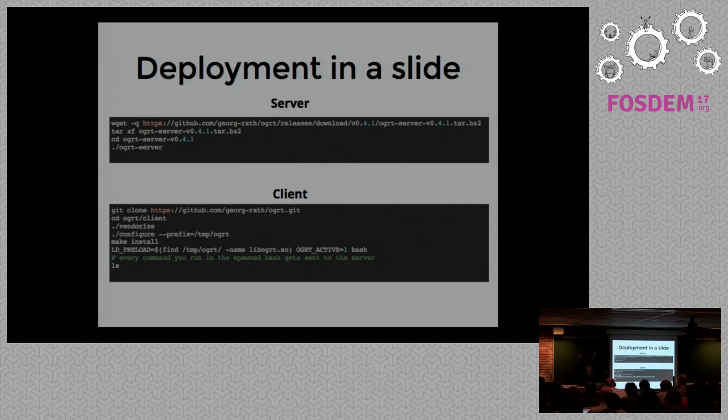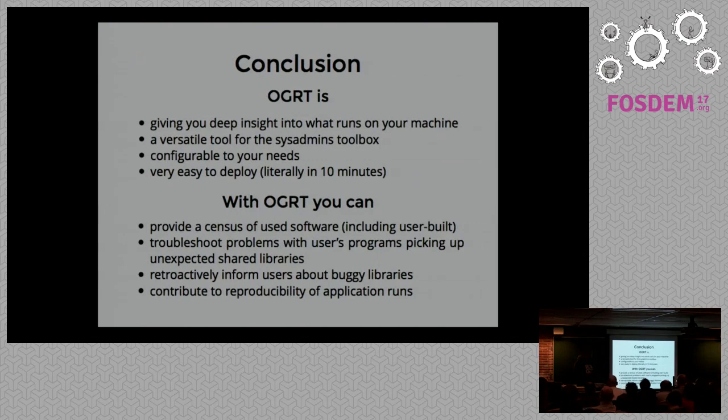You type make install, then down here you preload libOGRT, set it to active. If you don't set it to active, it doesn't do anything. And you need to turn it silent, so there is no accidentally running in the background. And if you open this bash here, everything you do in there gets sent to the server and processed.